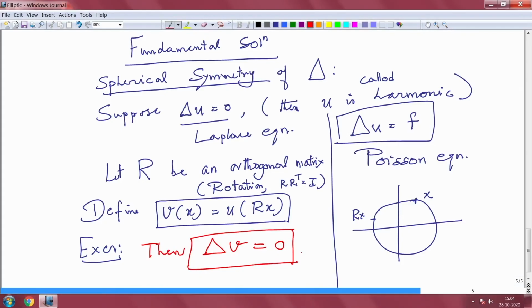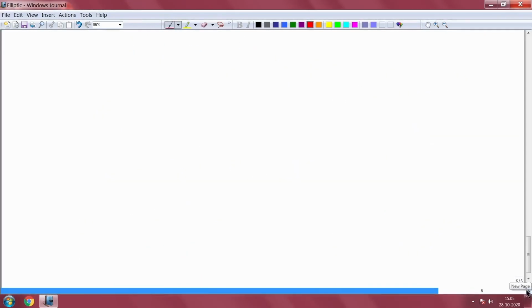If you have a function U and you rotate, that rotated function is also a harmonic function. So, this is the motivation which motivates us to look for a solution which is radial.